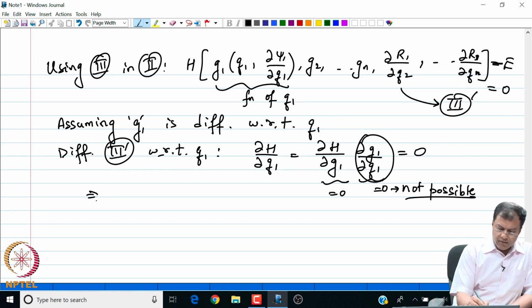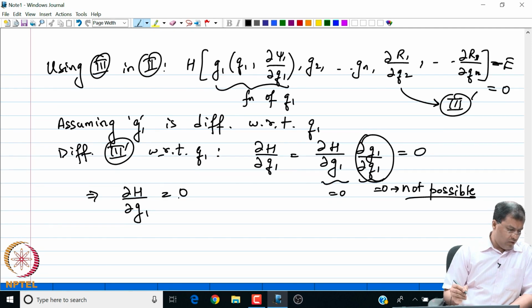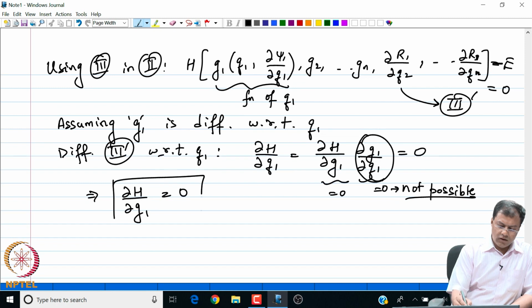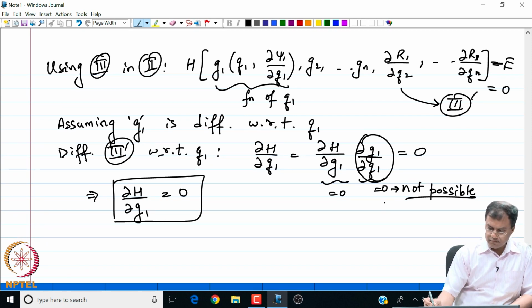Which means that del h del g1 is equal to 0. The argument is exactly the opposite here. So, what have we got here is the following.